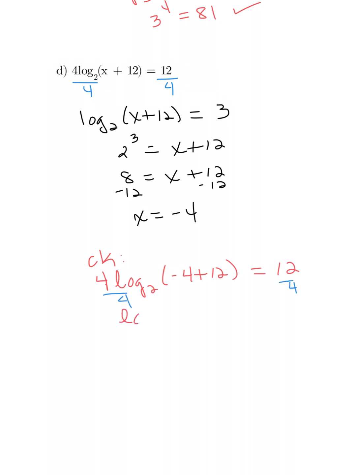We get log base 2, negative 4 plus 12 in our quantity gives us 8, equals 3. Go to exponential form. 2 to the third equals 8. Is that a true statement? Yes. So our answer checks.